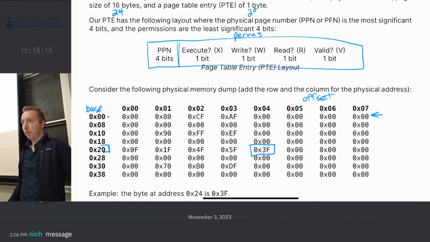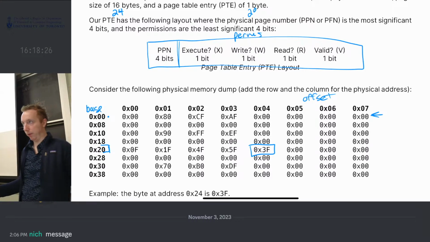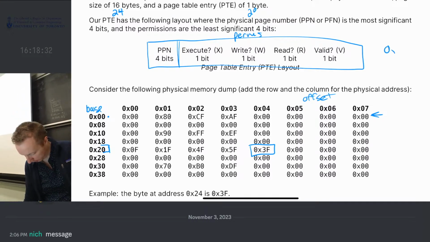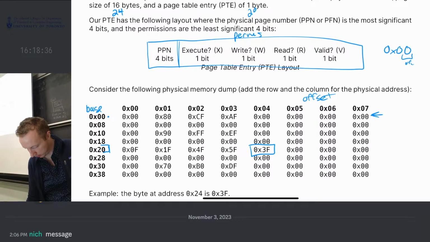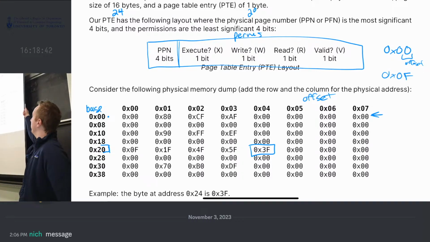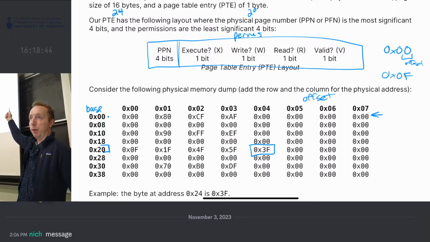So how would you represent that address with just 4 bits? The PPN is 4 bits, which means if you have a PPN of 0, all addresses from offset 0 all the way to the max would be on the same physical page, right?